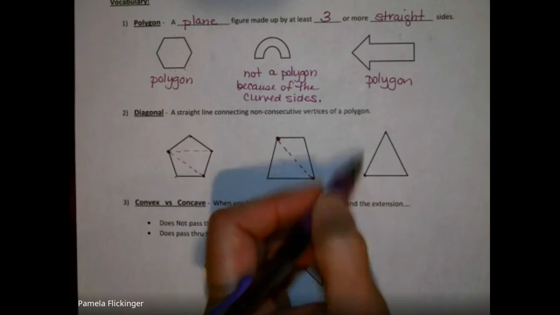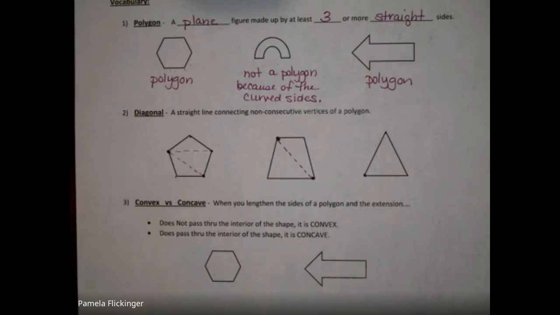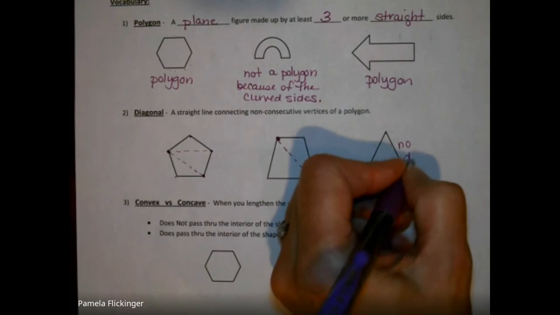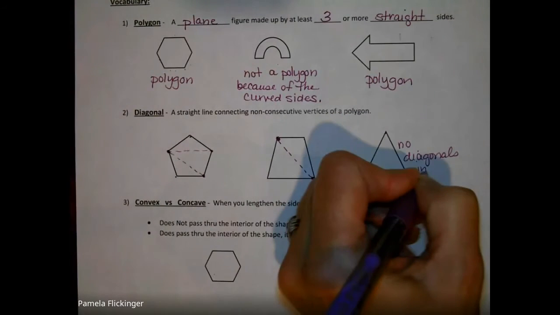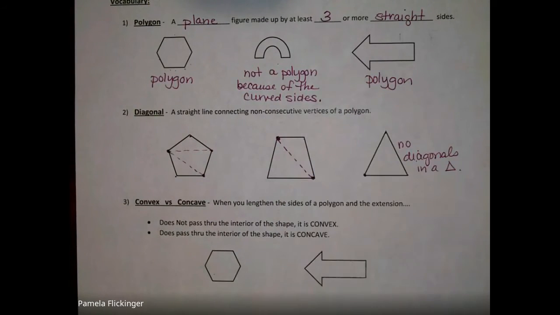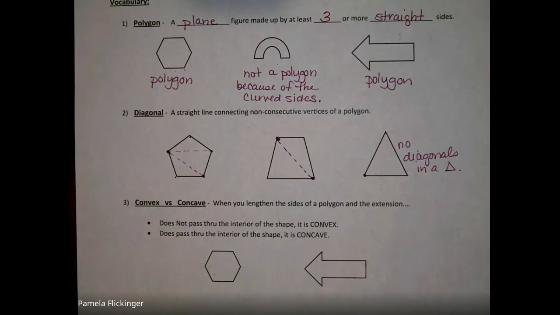Counterclockwise, I'm here. There's no non-consecutive vertices, so there are no diagonals in a triangle. Right? But 4 sides or more, you will always be able to draw diagonals.